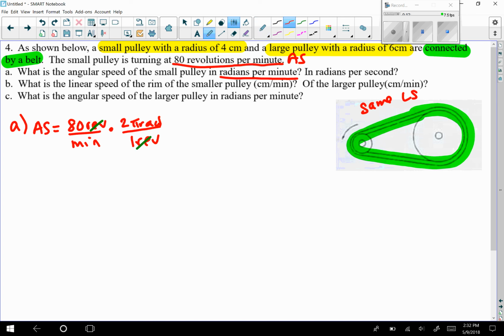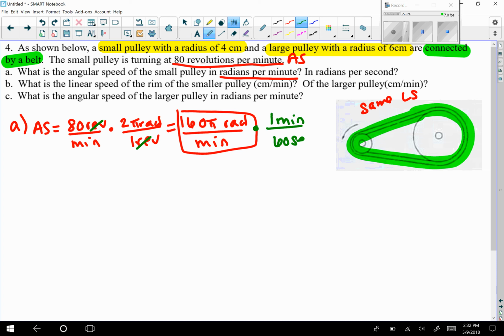So when I do that, I get 160 pi radians per minute. So that would be radians per minute. So that's one answer. Then we want to put this in terms of radians per second. So I'm actually going to multiply this. I have to figure out that there is 60 seconds in 1 minute. So 1 minute would go on top and 60 seconds on the bottom, because that's going to cancel out this minute with this one here.